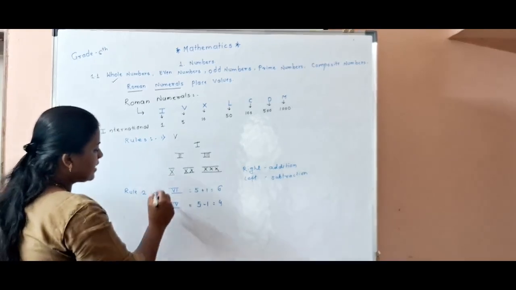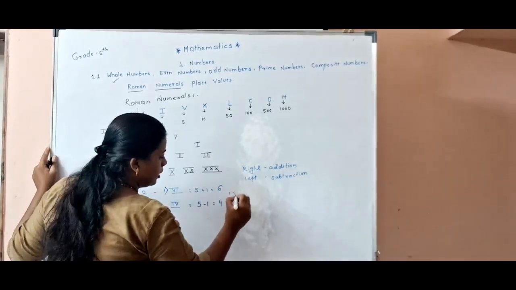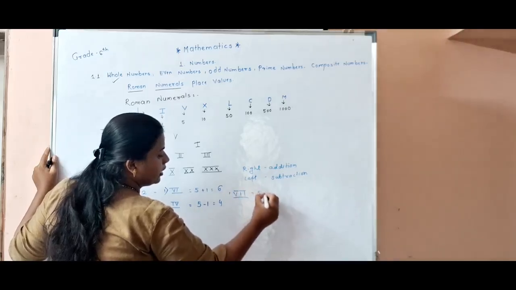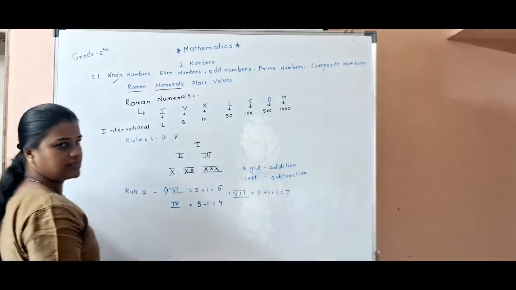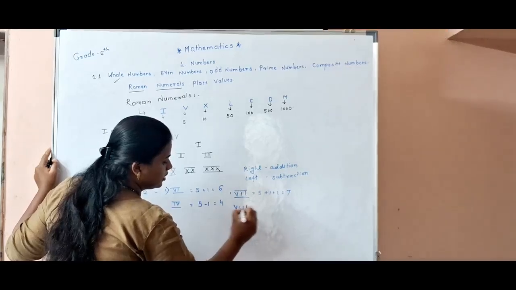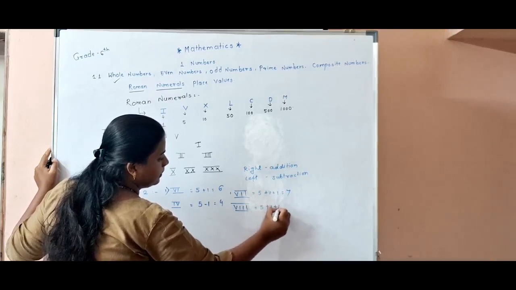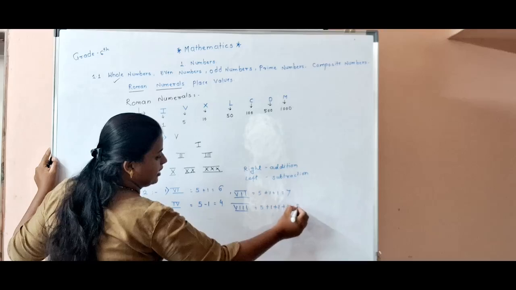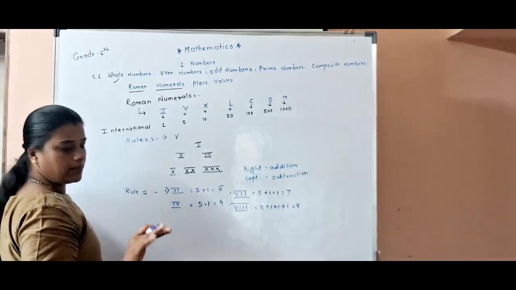This I have written only 1 time. Go for 2 times, 1, 2. So it will be 5 plus 1 plus 1, that is 7. Okay. 1, 2, 3: 5 plus 1 plus 1 plus 1, 6, 7, 8. Okay. Regarding I and V, I have explained.